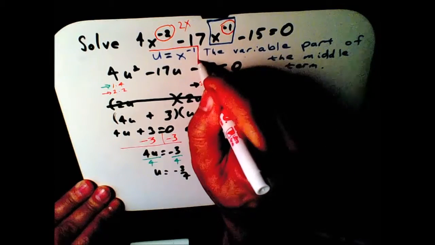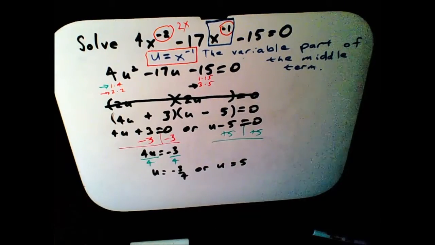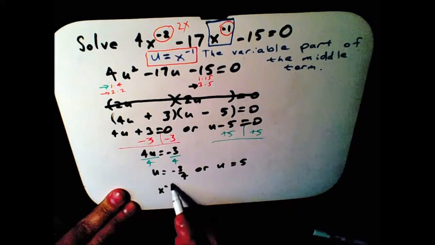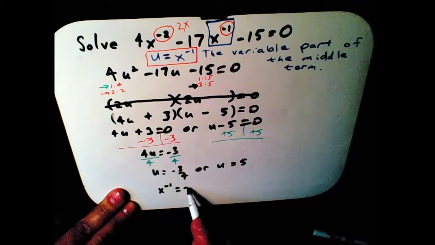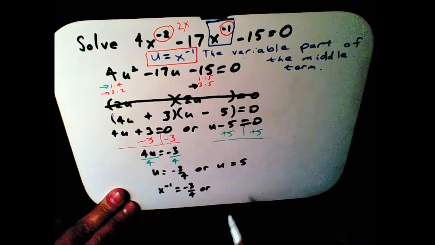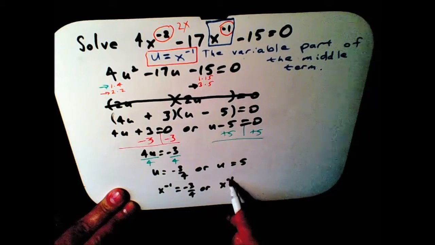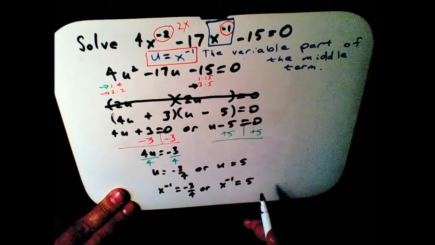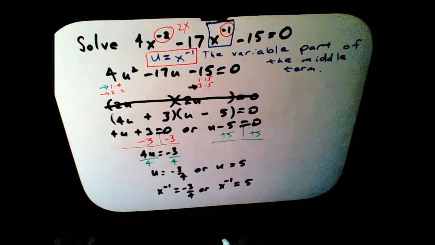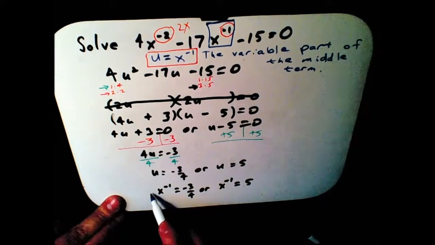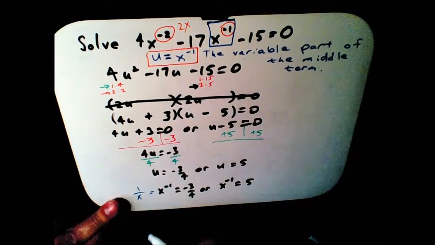And so x to the minus 1 is equal to negative 3/4, or x to the minus 1 power equals 5. How do you solve that? What is x to the minus 1? Well, x to the minus 1 is actually 1 over x. The negative 1 power means that you are taking a reciprocal. This is 1 over x.